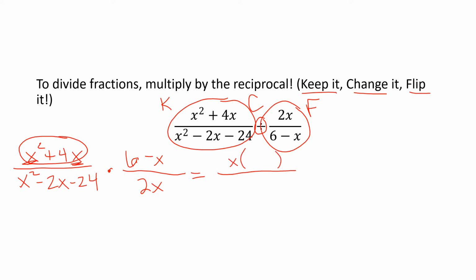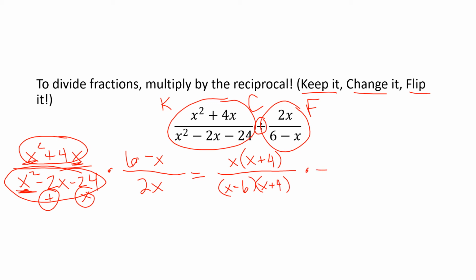I'm going to put that x in the front, which would leave behind x plus 4. On the bottom, we have 3 terms. I know that I would need an x times an x in order to get that x squared. But then I'm looking for what multiplies to negative 24 and adds up to negative 2. See, that would be an x minus 6 and x plus 4.